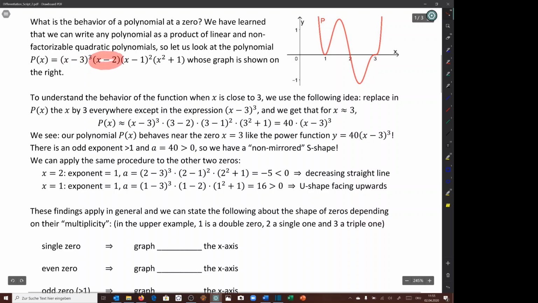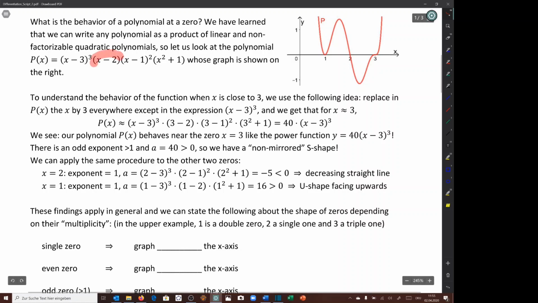However, here, when you're close to 3, this will always be approximately 1. This will always be approximately 4, so 3 minus 1 to the power of 2, we get 2 to the power of 2. Or here, when we're close to 3, we have approximately 10. And that's the idea now, to get an idea what happens when x is close to 3.